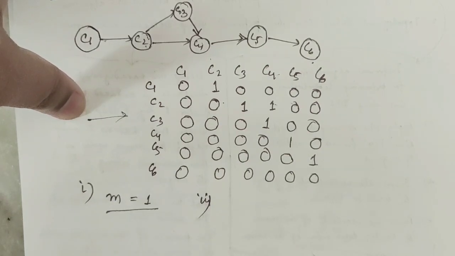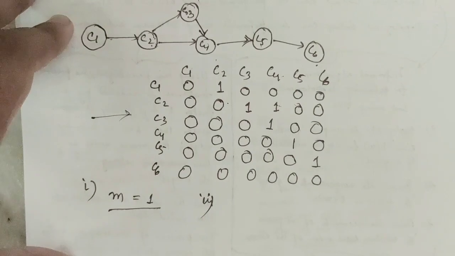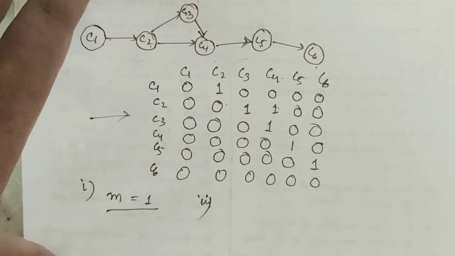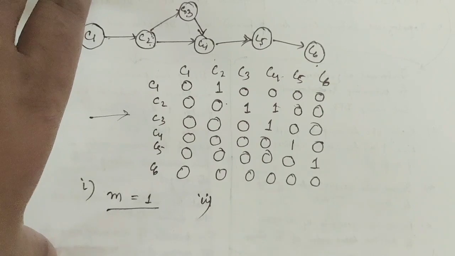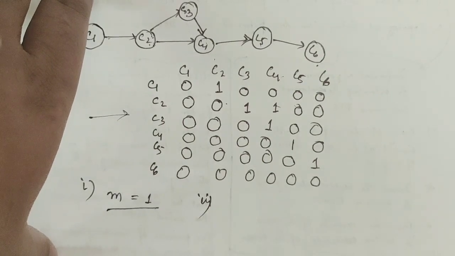Then you have to repeat the steps on the adjacency matrix, finding the column of 0 elements, until all the nodes are assigned a suitable code. Okay, so what I told here, I will again come to the steps also, no issue. First of all, let me implement this concept.